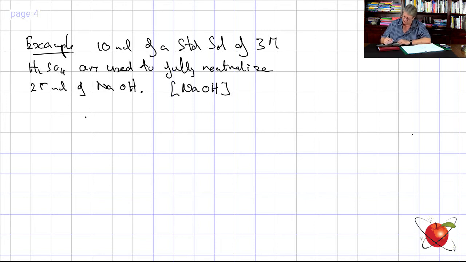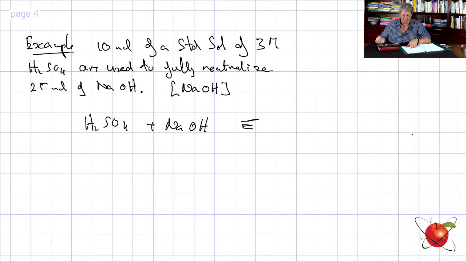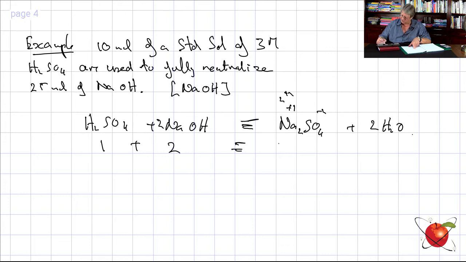Right, so we say H2SO4 plus NaOH goes to Na2SO4, minus 2 and plus 1 times 2 is plus 2, plus 2H2O, and it's 2 NaOH. 1 mole plus 2 moles is going to go to 1 mole plus 2 moles, right?